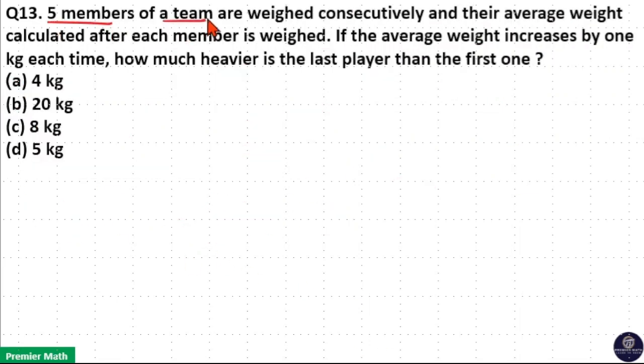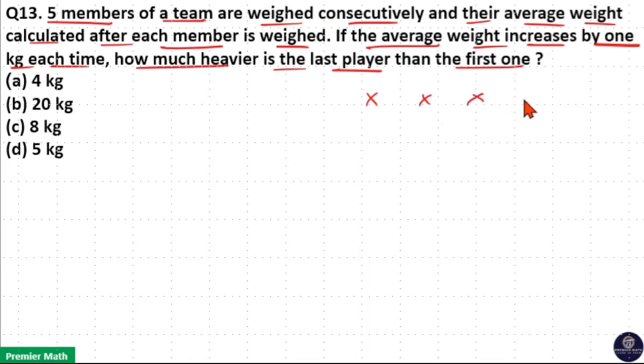5 members of a team are weighed consecutively and their average weight is calculated after each member is weighed. If the average weight increases by 1 kilogram each time, how much heavier is the last player than the first one? Here there are 5 players. The average weight increases by 1 kilogram each time when they are weighed consecutively.